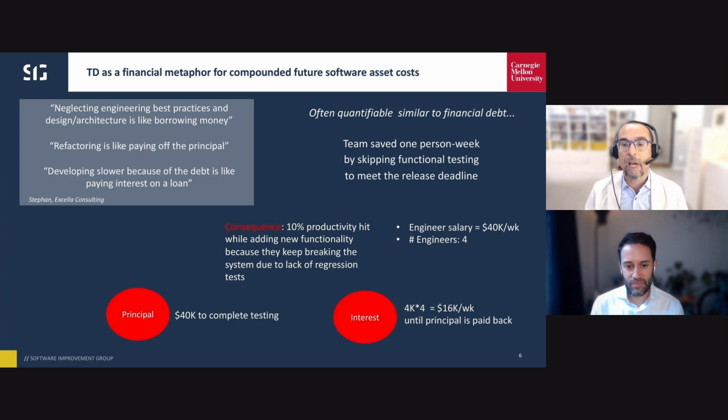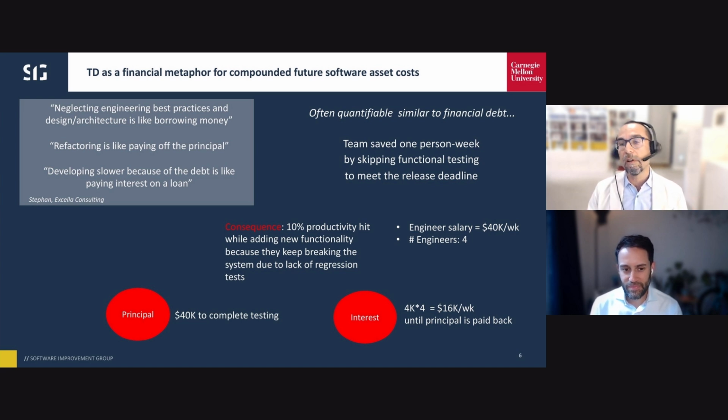For example, when we neglect engineering best practices, and maybe when we neglect design and architecture, it is just like borrowing money. Okay? When we refactor our software product, our code base, to make it better, more resilient, it's like paying off the principal on the technical debt. When we end up developing slower because we have accumulated too much technical risk, too much of this technical debt, it is like we're paying interest on the loan that we have taken. So all of these analogies actually hold.